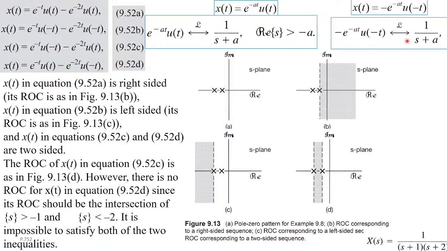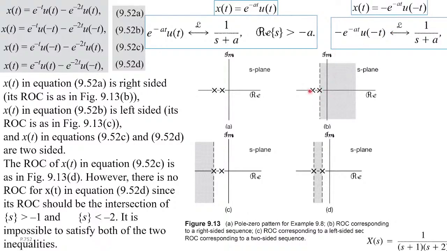So we have this one with ROC Re(s) greater than -a, and this one with ROC Re(s) less than -a. So we think about how this thing can transform back to either of these around the pole at -1 and the pole at -2.